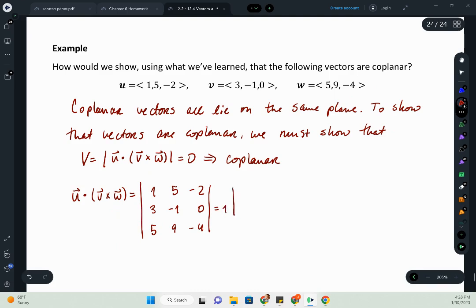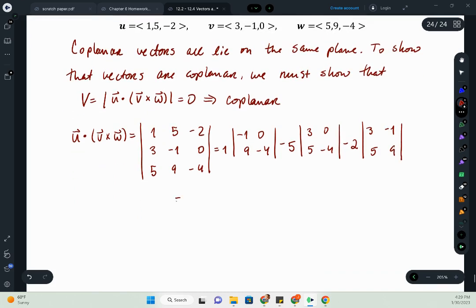This gives me 1 times the 2 by 2 determinant with -1, 0, 9, -4, minus 5 times the 2 by 2 determinant with 3, 0, 5, -4, minus 2 times the determinant with 3, -1, 5, and 9. Go ahead and calculate those. This gives me 1 times 4 minus 0, minus 5 times -12 minus 0, minus 2 times 27 minus a negative, that'll be positive 5.